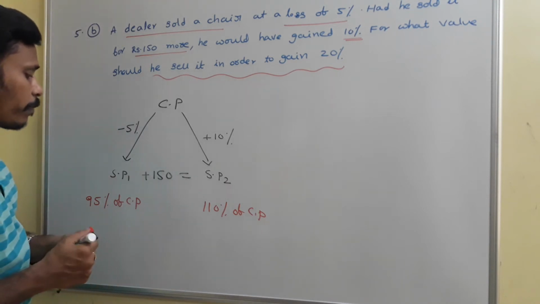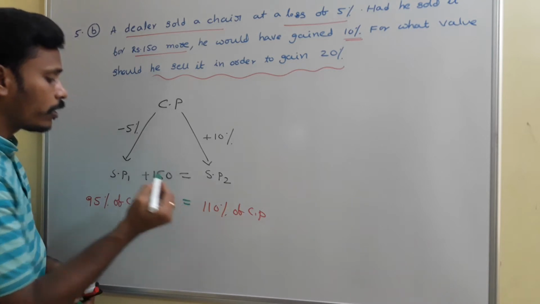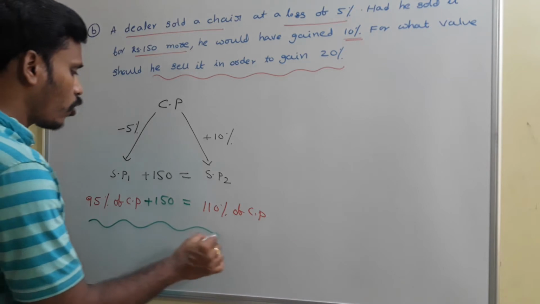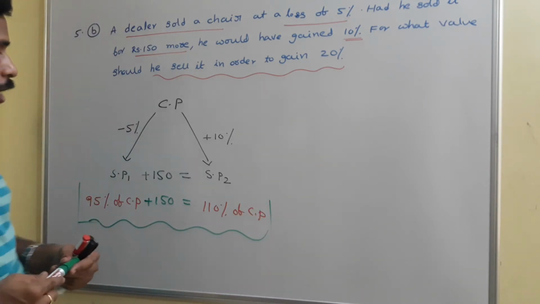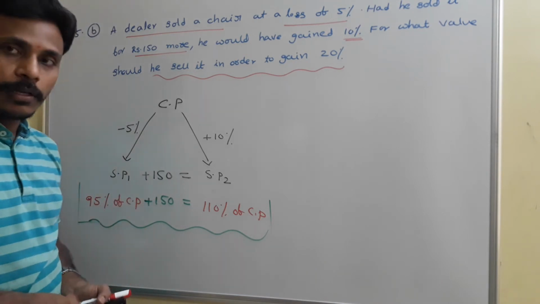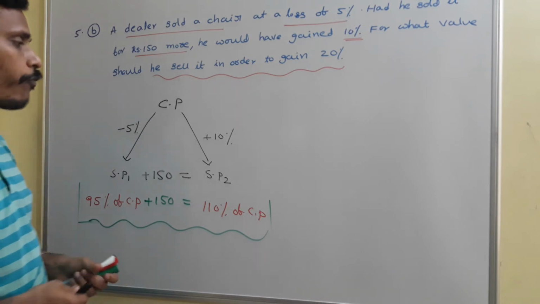And this 95% of the cost price plus 150 is equal to 110% of the cost price. You just analyze this case, okay? 95% of the cost price plus 150 is equal to 110% of the cost price. So send this 95% to that side and you will get a difference of 15%.